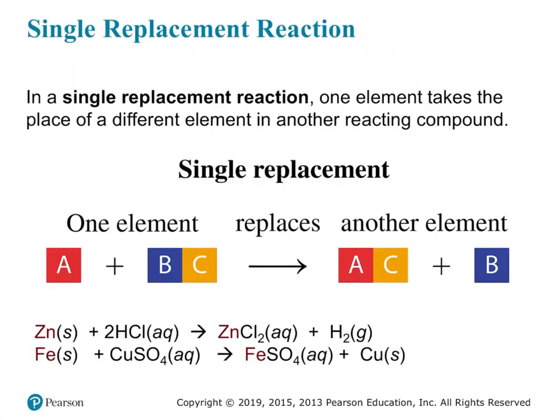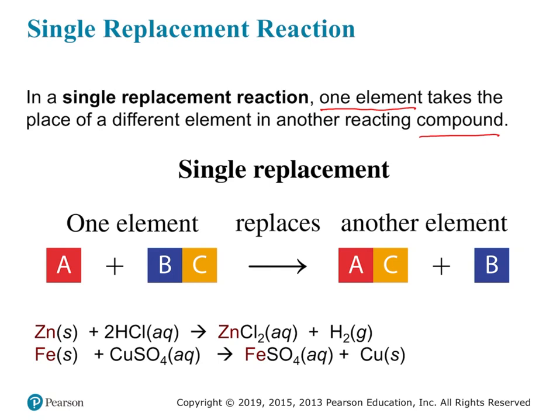So now for a single replacement reaction. In this type of reaction, we have one element and also a compound, and they're reacting together, and that one element is going to replace an element from the compound.